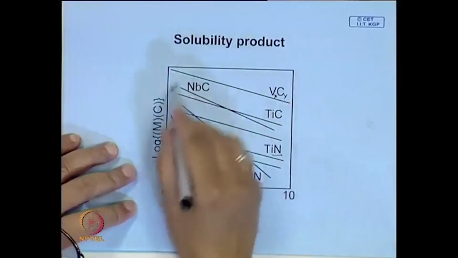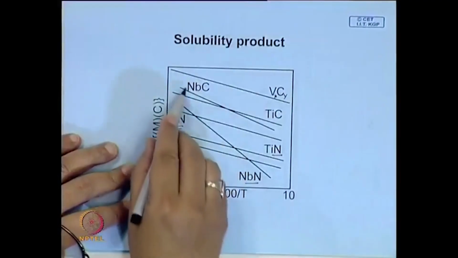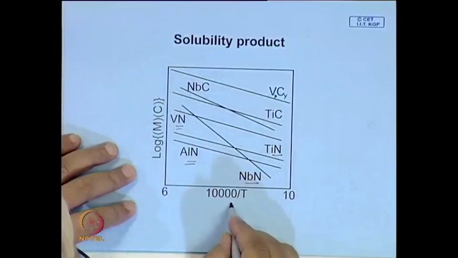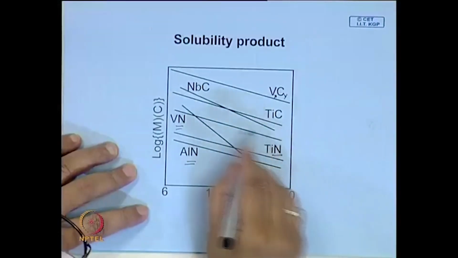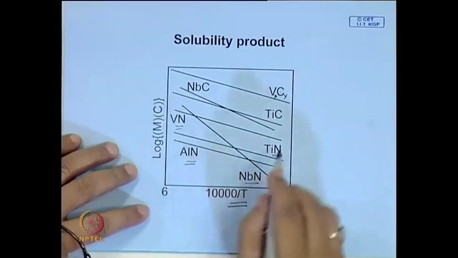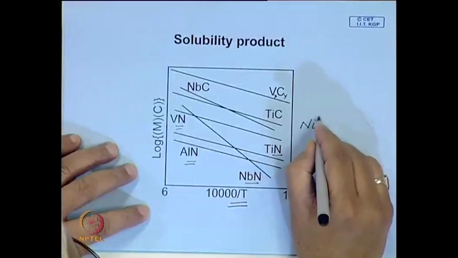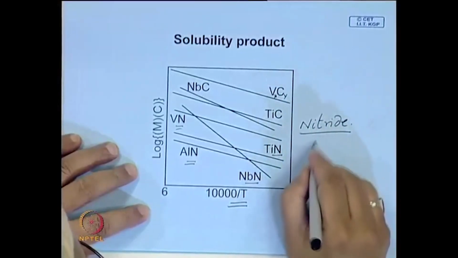But nevertheless, what it means is that for these carbides and carbonitrides, the solubility product plots are linear when plotted against 1 over temperature, and nitrides are much more effective as dispersoids. These nitrides are more effective as dispersoids than carbides.